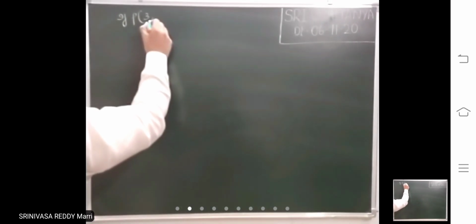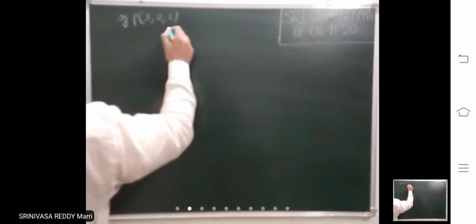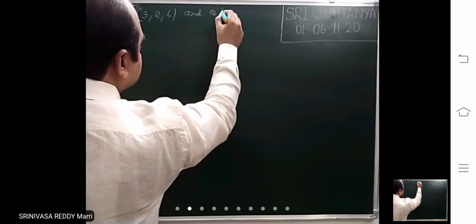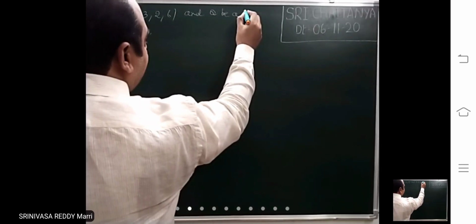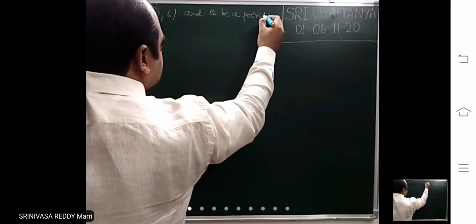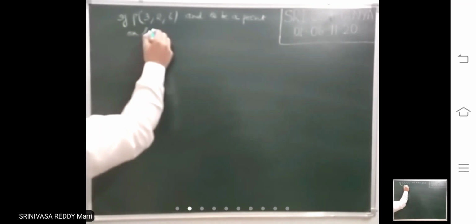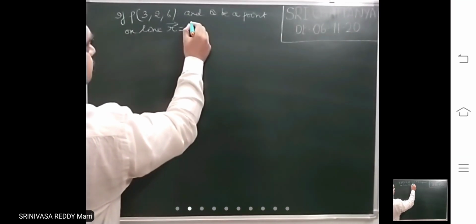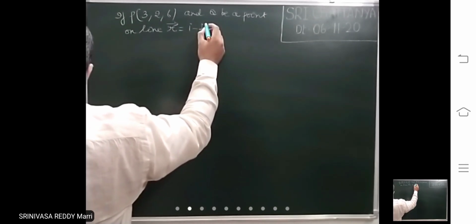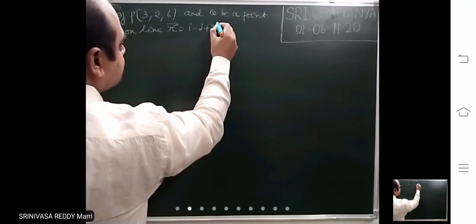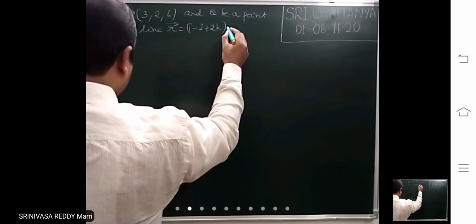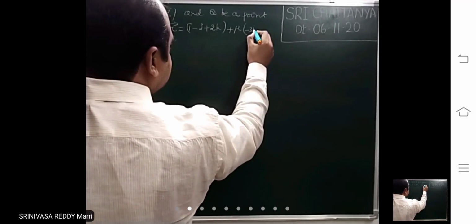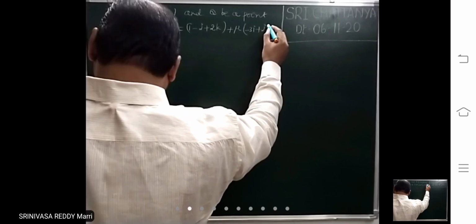Let P(3, 2, 6) and Q be a point on the line r bar = i - j + 2k + mu(-3i + j + 5k).